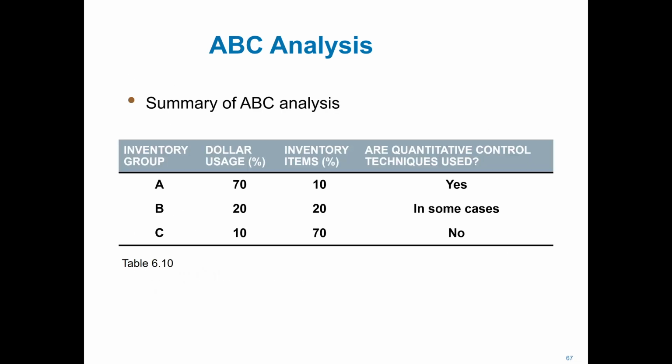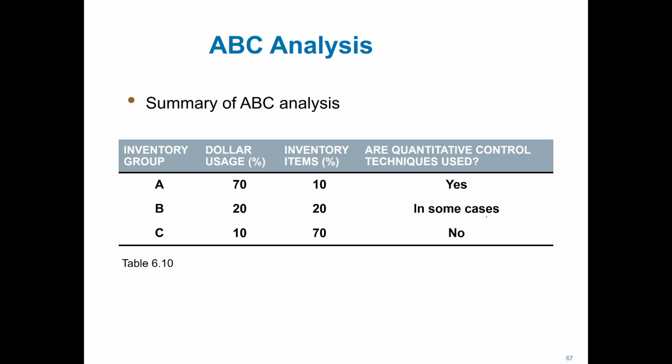So basically this is the summary of ABC analysis. When we group the inventory items, group A items are 10% only, but the dollar value is 70%. Are quantitative control techniques used? Yes. For group B, the dollar usage is 20%, and the inventory items are also 20%.